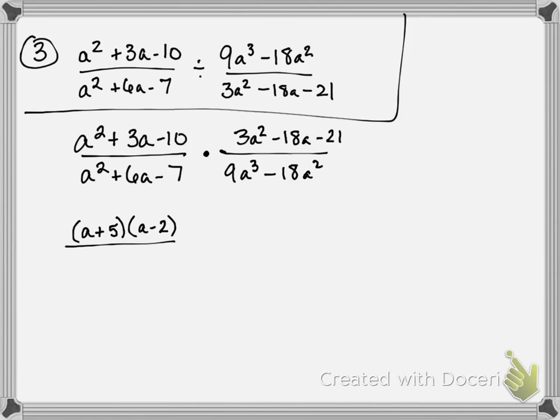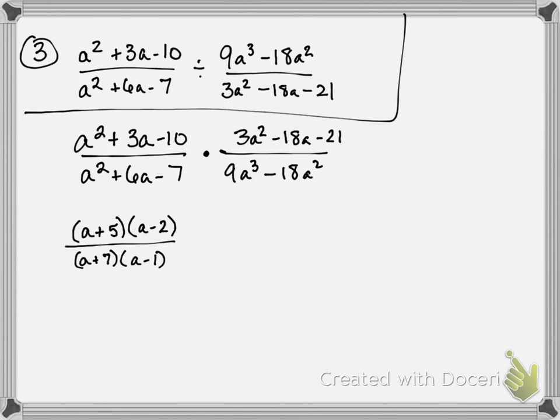In the bottom, we need factors of negative 7 that will also add to give you 6. So obviously that's going to be 7 and 1. The 7's positive, the 1's negative. So it's a plus 7, and a minus 1.